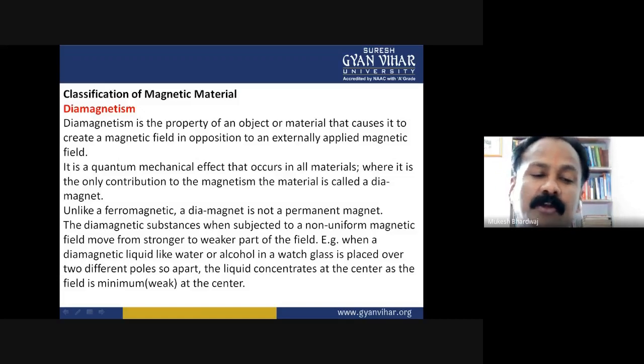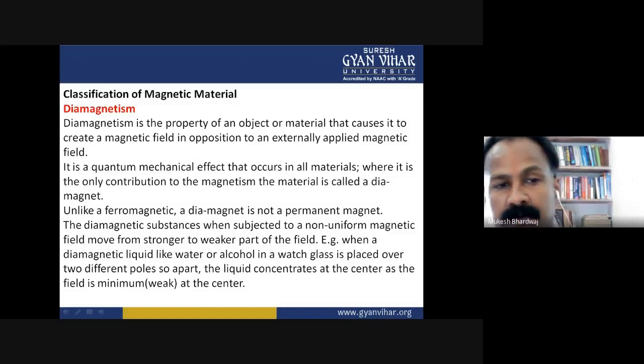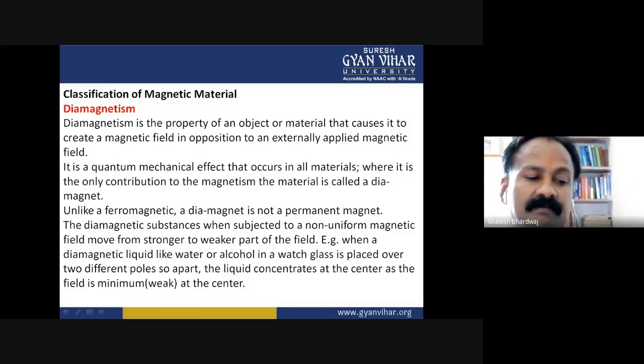The equivalent atomic current loops are characterized by their magnetic dipole moments. Diamagnetism. Diamagnetism is the property of an object or material that causes it to create a magnetic field in opposition to an externally applied magnetic field.